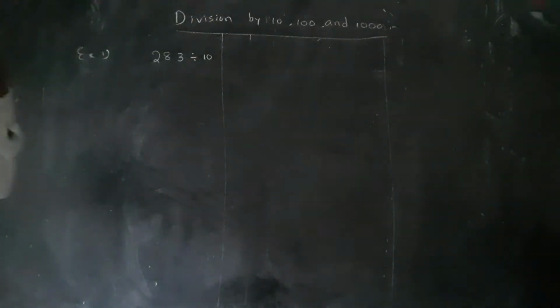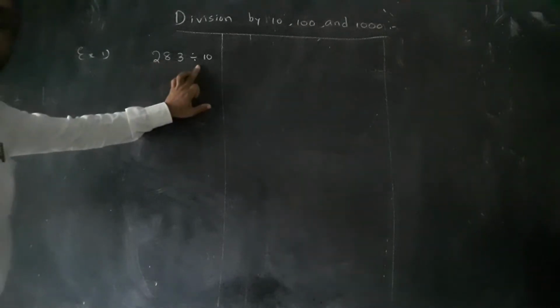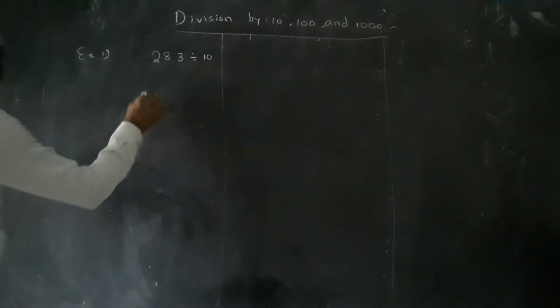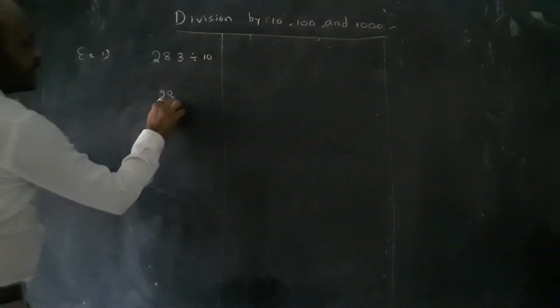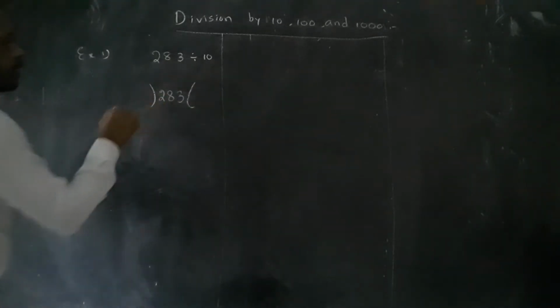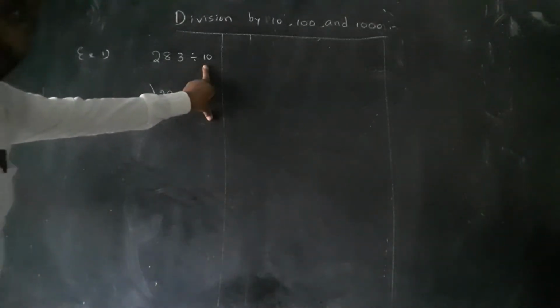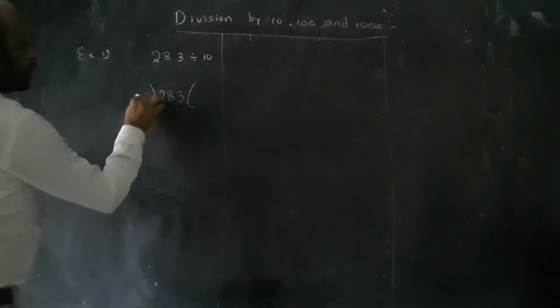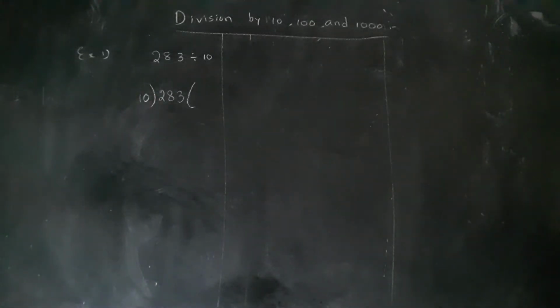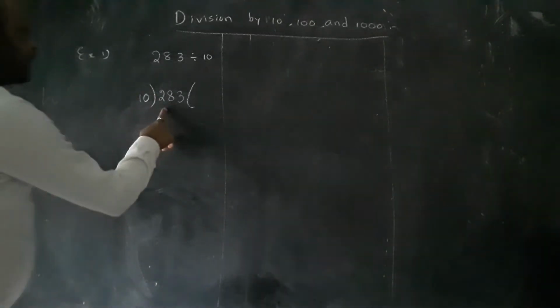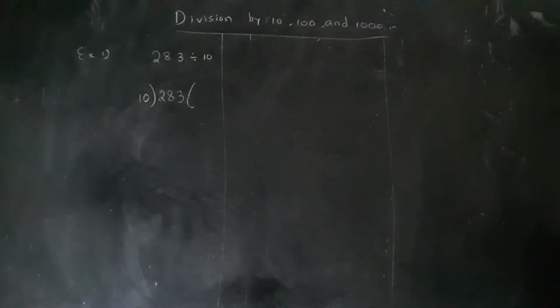Now it will be 283 divided by 10. 283 is the dividend and 10 is the divisor.